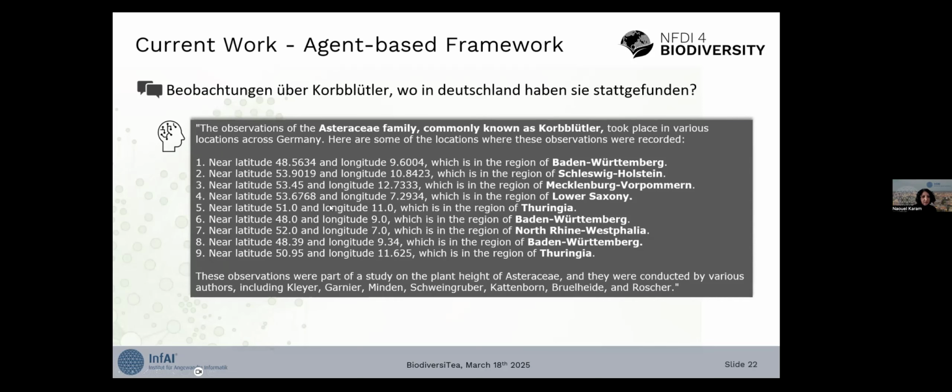And the third agent, the one for the question answering, will transform the results into a natural language answer. So it's saying that the observations of this family have been found in those regions in Germany, and additionally, it also says who were the authors of those studies.